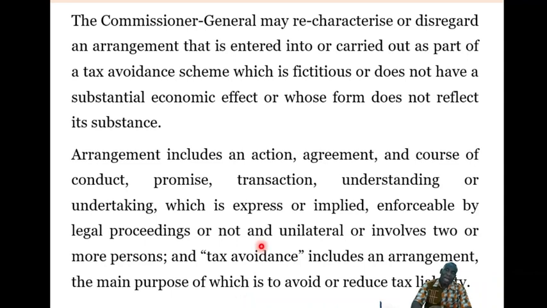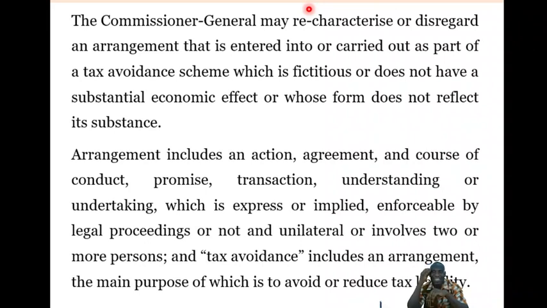This particular anti-avoidance rule was enacted to handle general cases of tax avoidance. In other words, where they cannot get an anti-avoidance rule to handle a specific case of tax avoidance, the Commissioner General will fall on this general anti-avoidance rule.